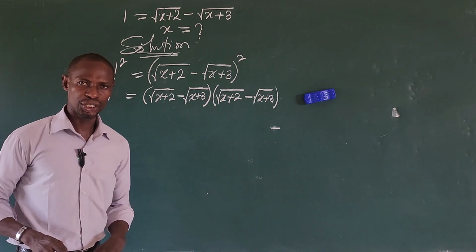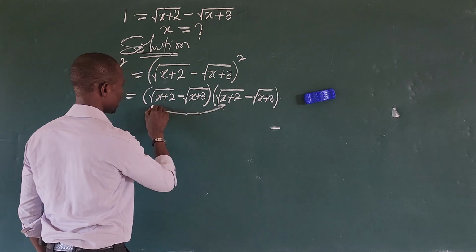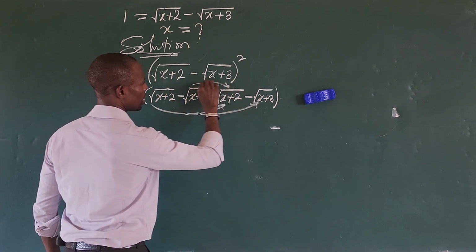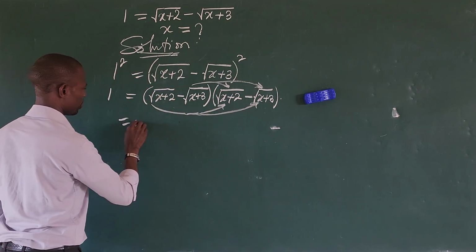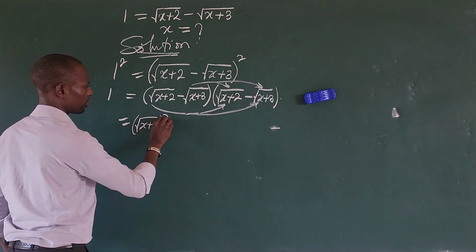This side we don't have an issue. So we use this to multiply this, and at the same time, we use this to multiply this. So this time this is going to give us the square root of x plus 2 all to the power of 2.